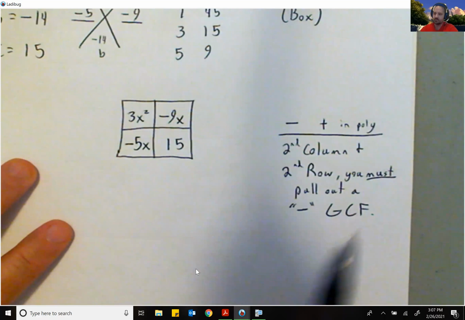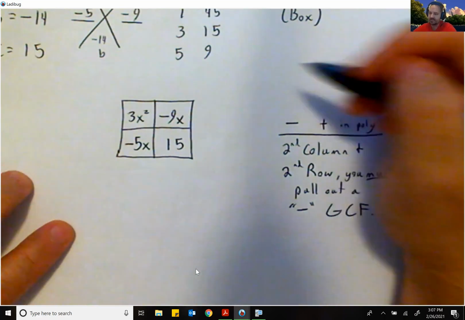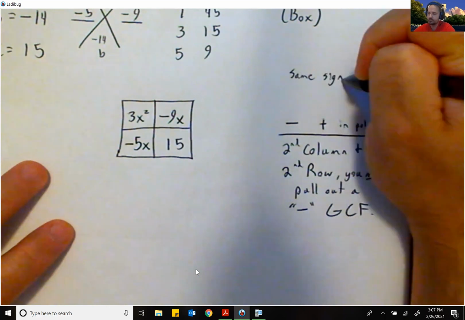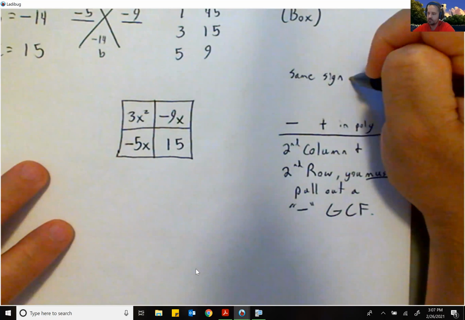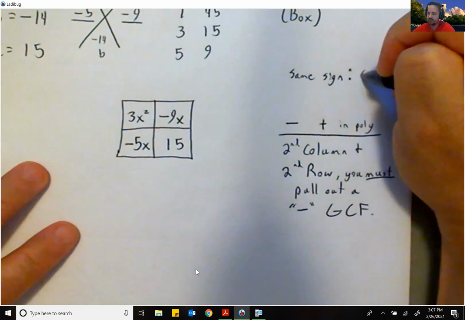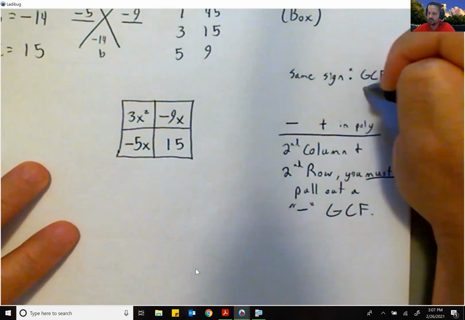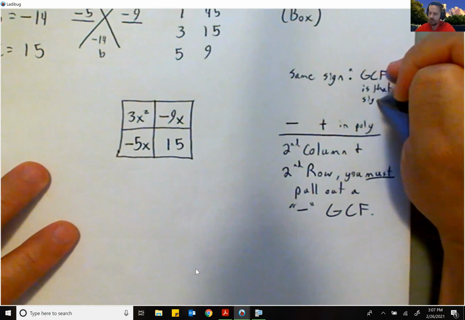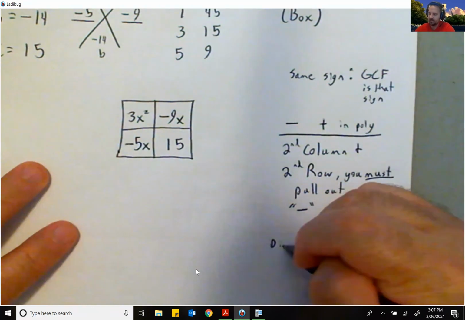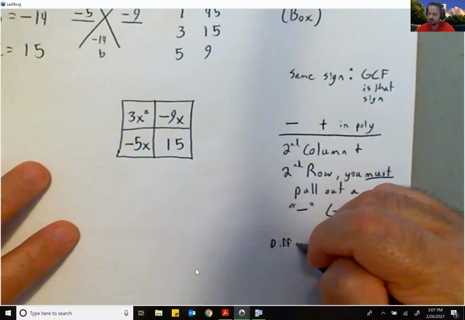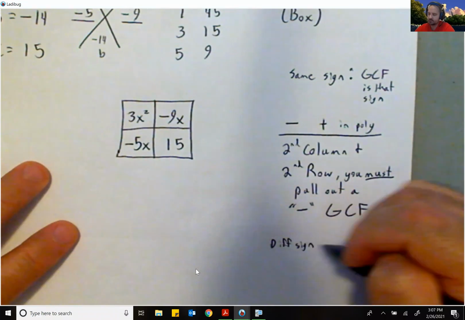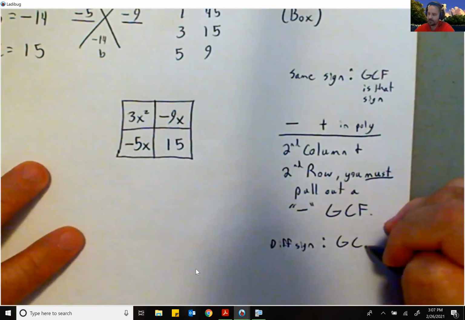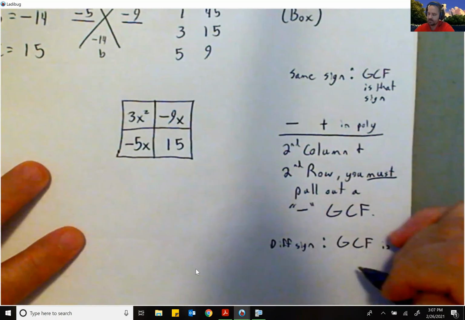Other than that, when they are the same sign, then the GCF is that sign. When they are different signs, then the GCF is negative.